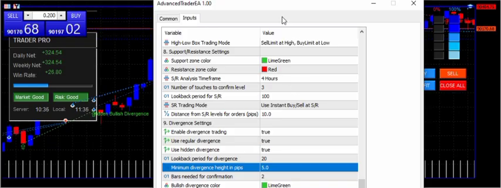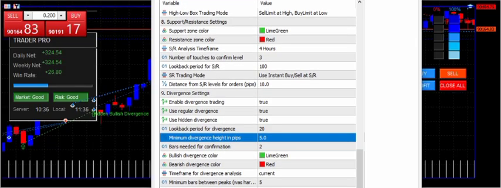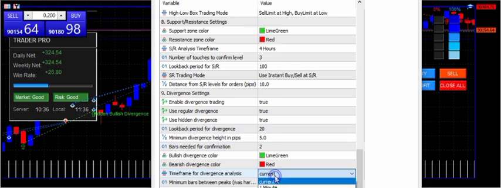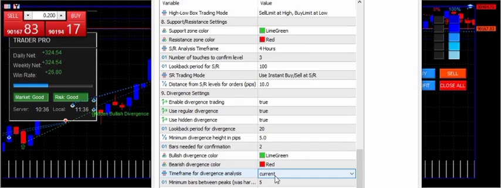That's my default. So now we have more: we have bullish color and bearish color for divergence. We have time frame for the divergence analysis. You can choose any time frame of your choice. I go with current because I'm using hidden divergence, so I can't see that hidden divergence on a higher time frame. If you are using regular divergence, always use a higher time frame.